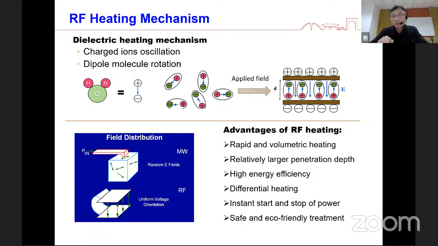So if you use a microwave oven to do some experiments, you cannot repeat exactly the same treatment. So it's meaningless to use a microwave oven to heat the food, because you cannot repeat the procedure, since the electric field is totally randomly distributed inside the heating cavity.